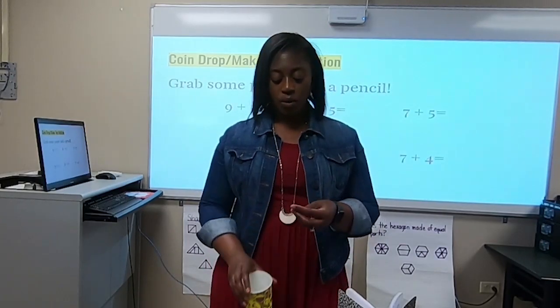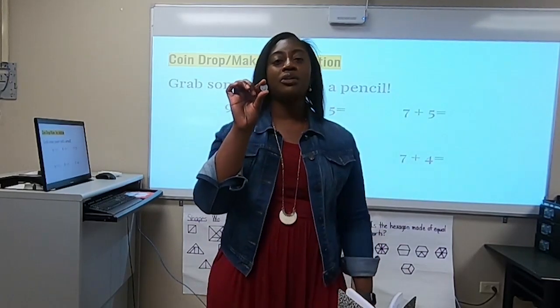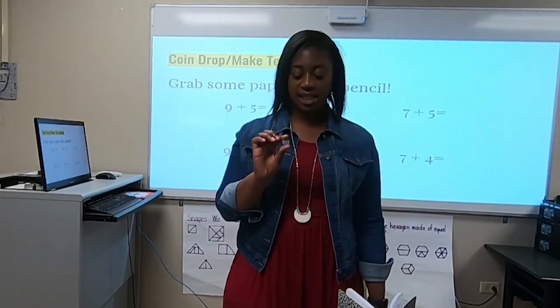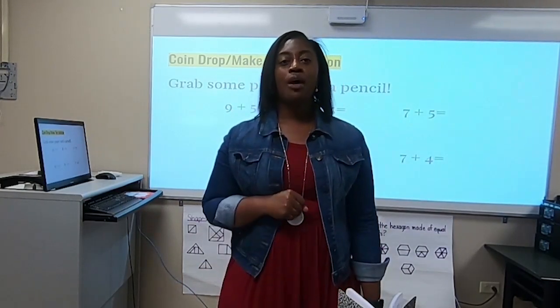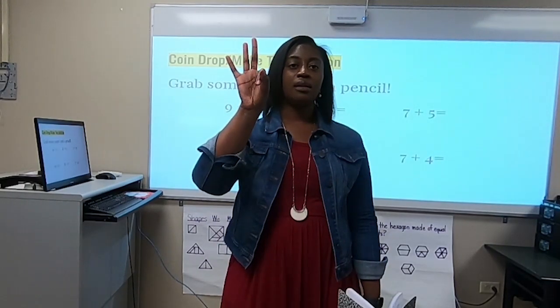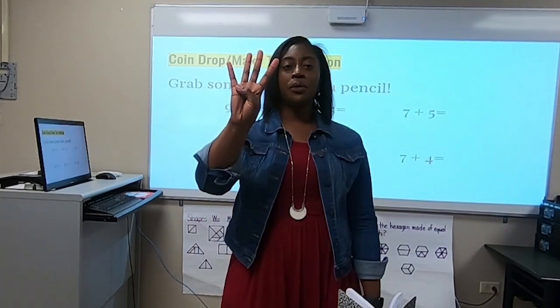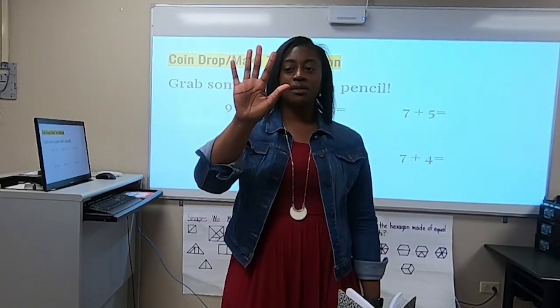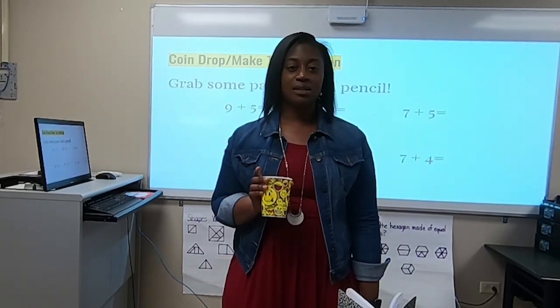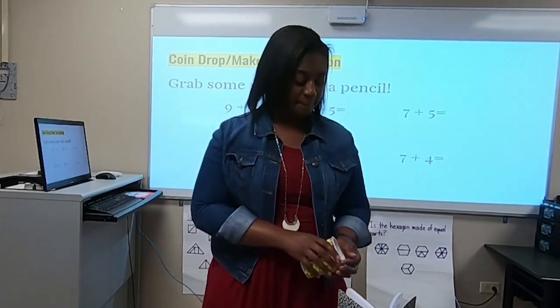Now, again, when we count dimes, we look at the value of the coin, and this coin is worth 10 cents, so we're going to count by 10. Count with me. 10, 20, 30, 40, 50. Our dimes in my cup are worth 50 cents. Great job.